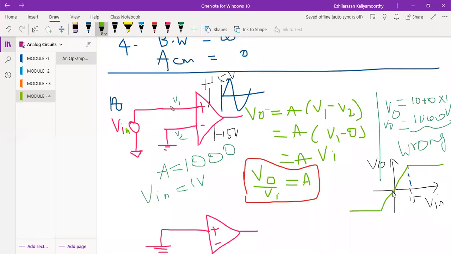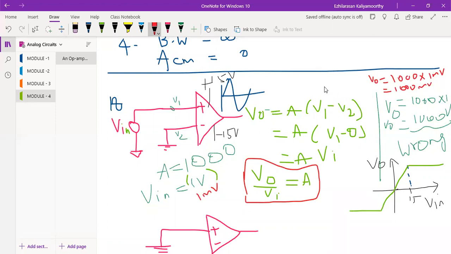Now you may think, what should I do? Instead of 1 volt, give 1 millivolt as input. What will happen with 1 millivolt? In the same way, V naught is equal to 1000 into 1 millivolt, so we get 1000 millivolt.